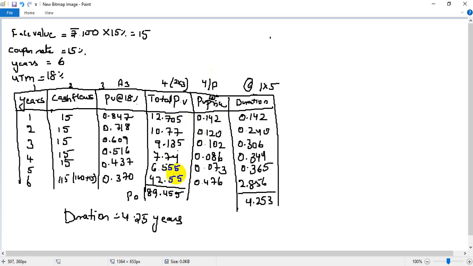PV price, that is fourth column, divided by total, PO it is, okay. 12.705 divided by 89.45, 10.77 divided by 89, like that individually total you need to divide. The last column, sixth column, you need to do 1 into 5, that is first column into this fifth column. So if you total it up, it will be the duration. So I hope it is clear to all of you.